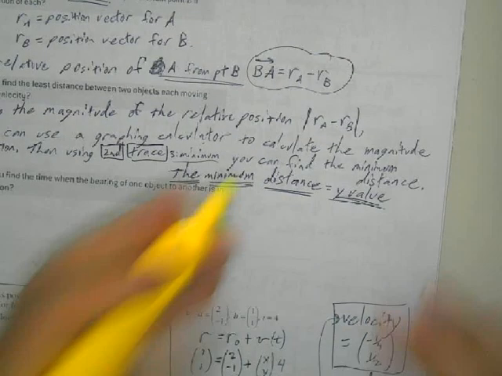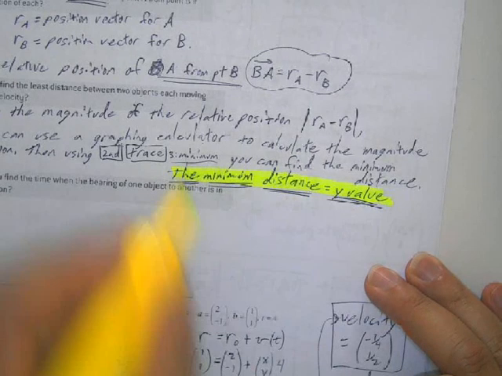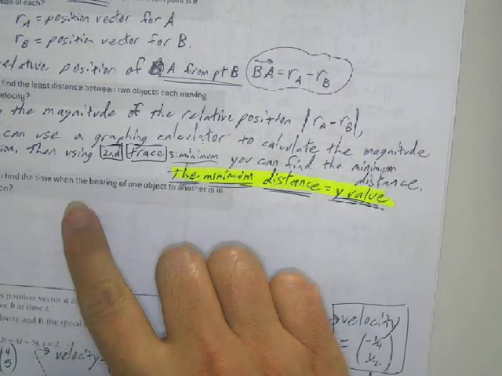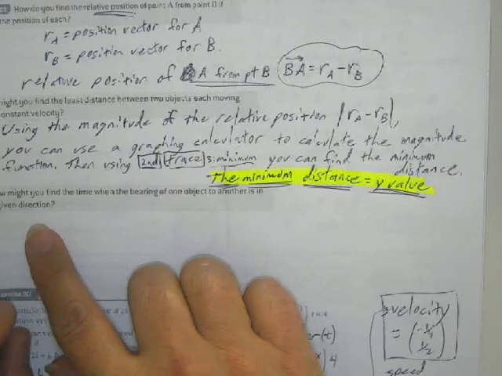And then how might you find the time when the bearing of one object to another is at the given direction?